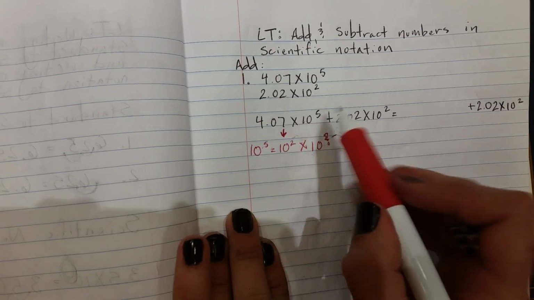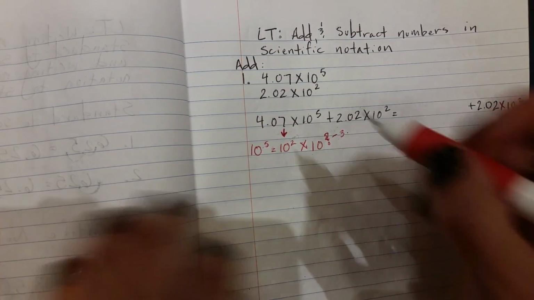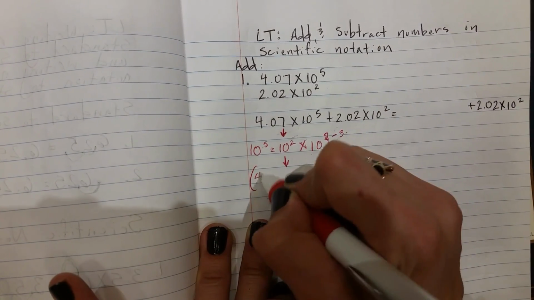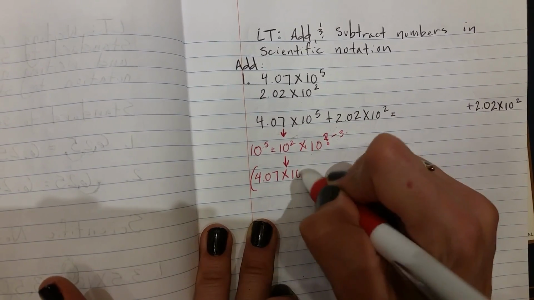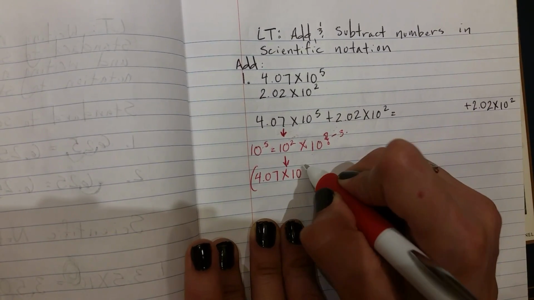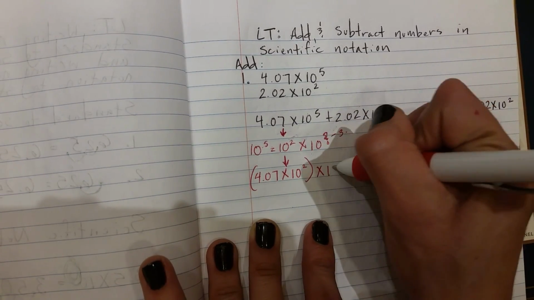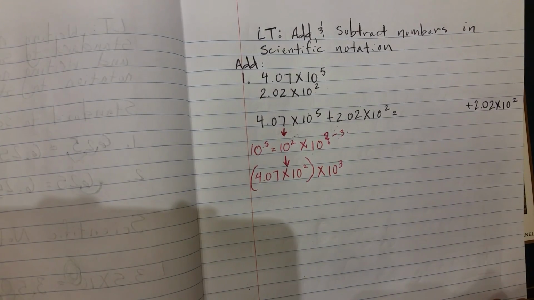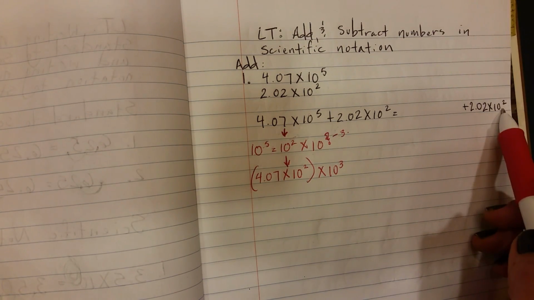Now I'm going to take this information and I'm rewriting my number written in scientific notation. Bring it down. We've got 4.07 times 10 to the second power times 10 to the third power. Whoops, actually, you guys may have caught me already at this one.